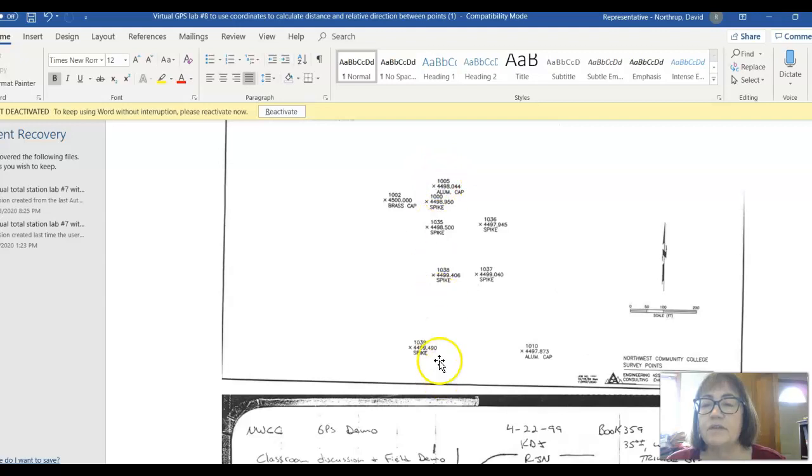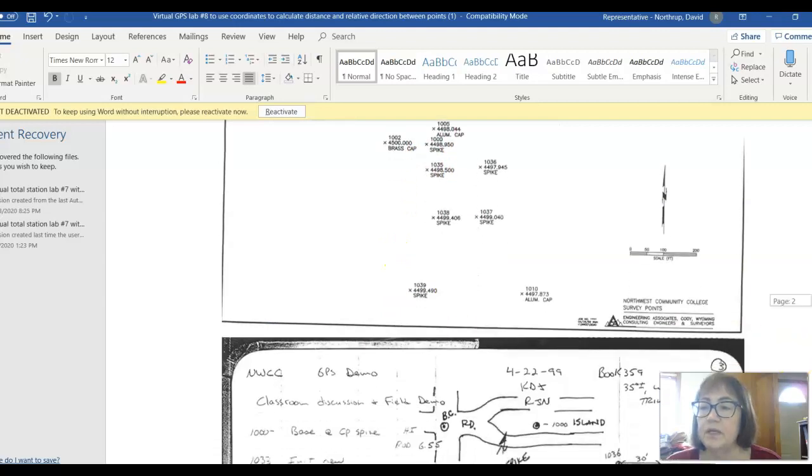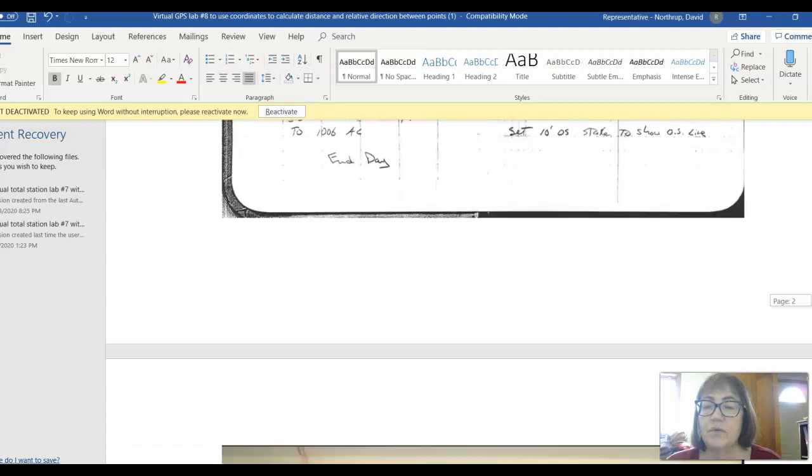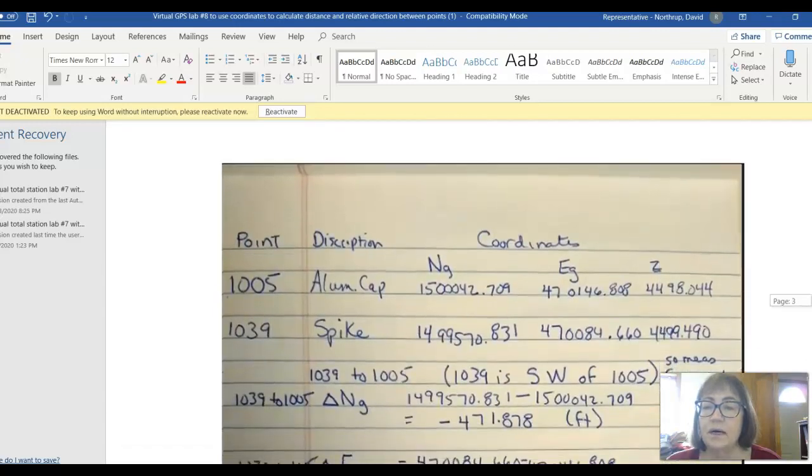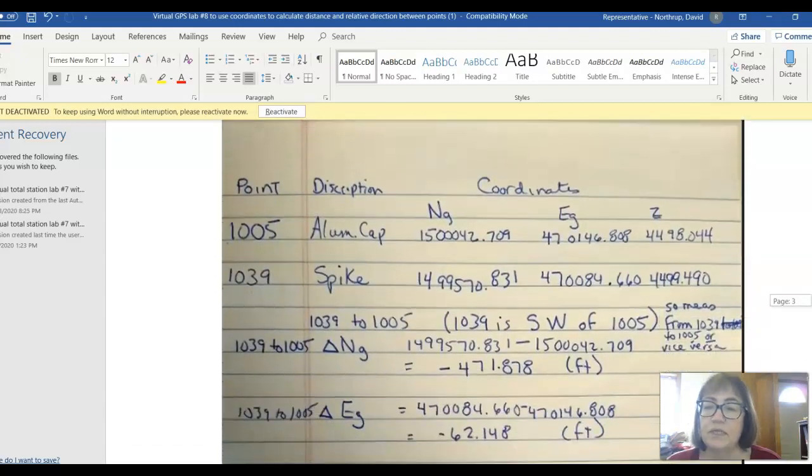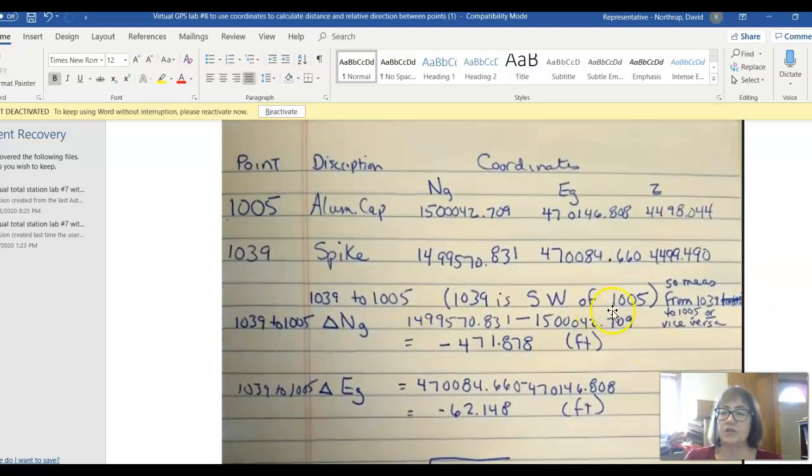So 1005 is clearly north, or is in the assumed north direction, and it's slightly to the east. So this point is southwest of this point, and this point is northeast of this point. So as long as you don't get those two things mixed up, make one north and one west, for example, or one south and one east. Okay, so as long as you keep that in mind.